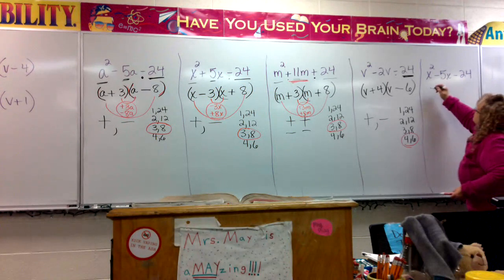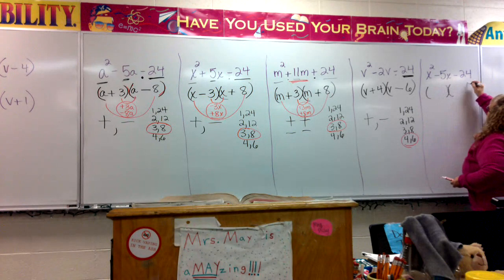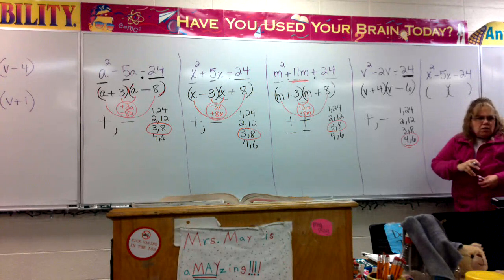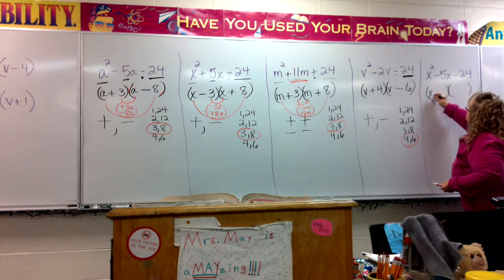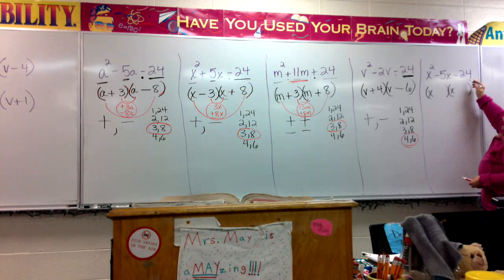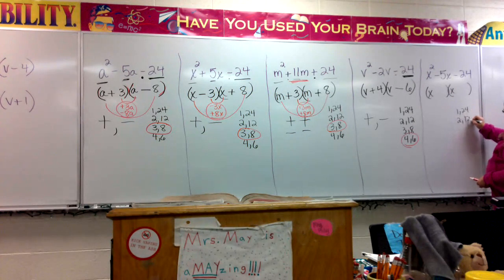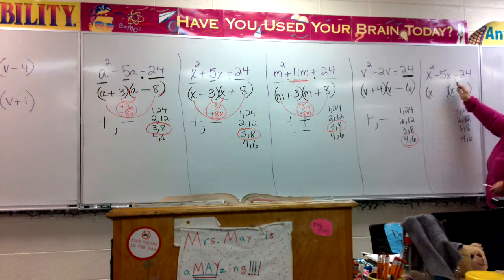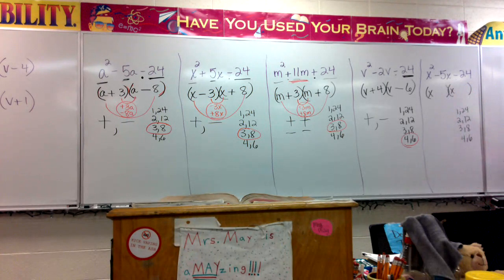How about one more just for fun? X. I've got a 24, 1 and 24, 2 and 12, 3 and 8, 4 and 6. Now I need the pair that subtracts to 5. Subtract to 5, which pair?